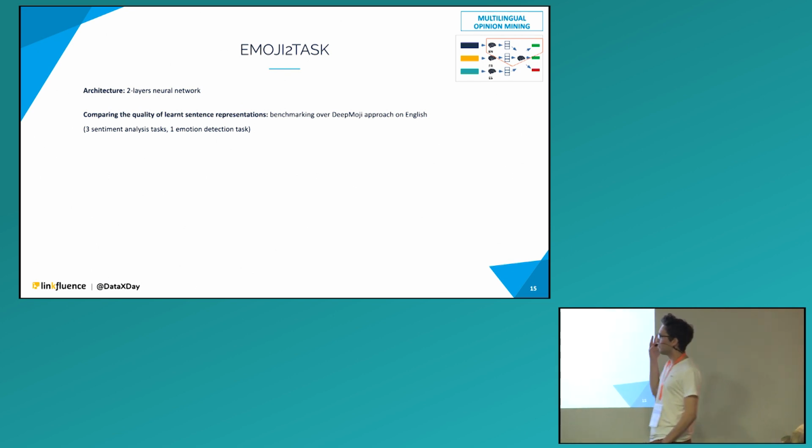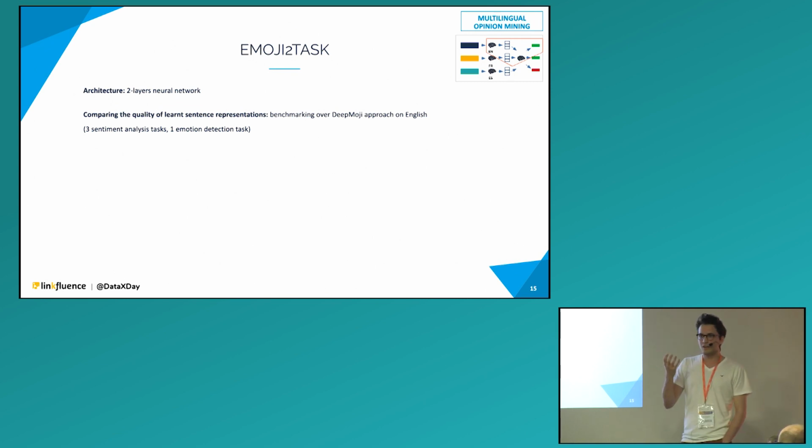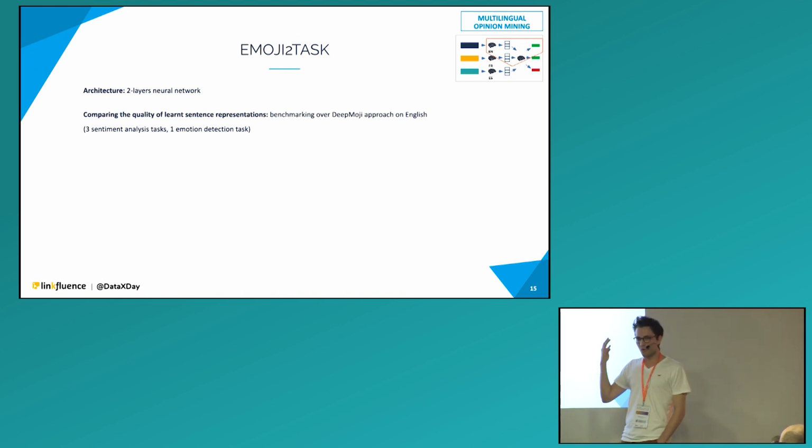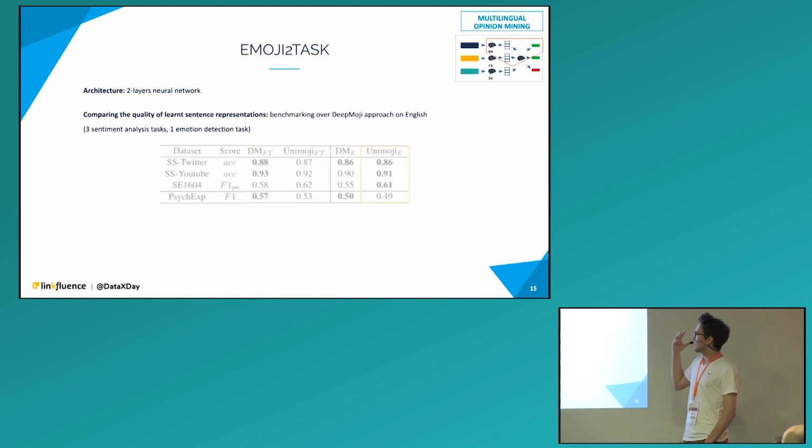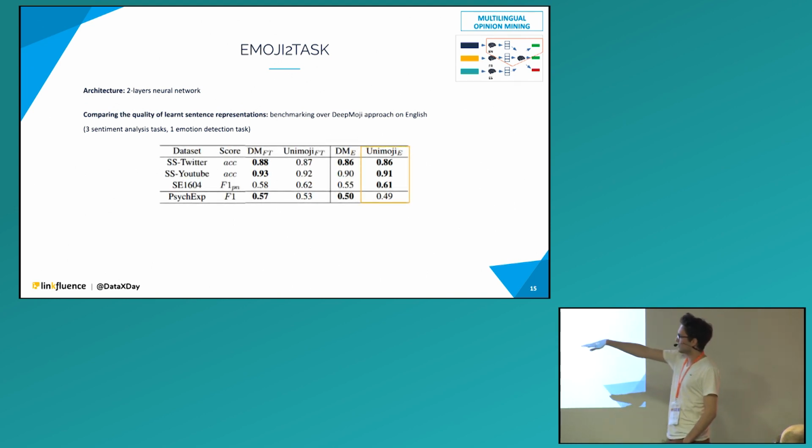And we compared the quality of the learned sentence representations, benchmarking the initial DeepMoji approach against our new CNN architecture approach on the 4 opinion mining tasks. When we look at the results, we've got the data sets and the metrics in the first column.